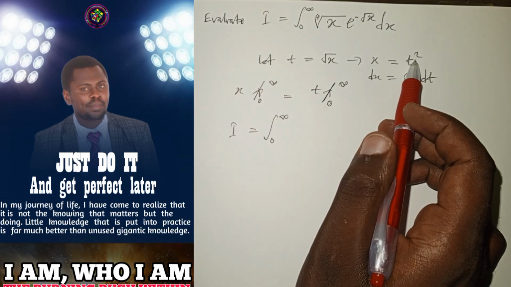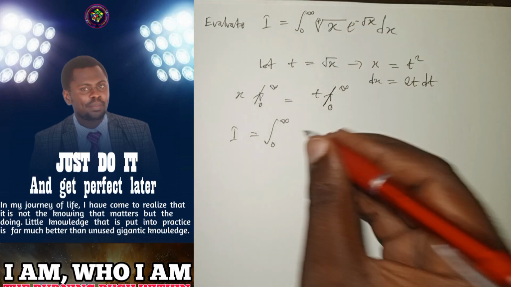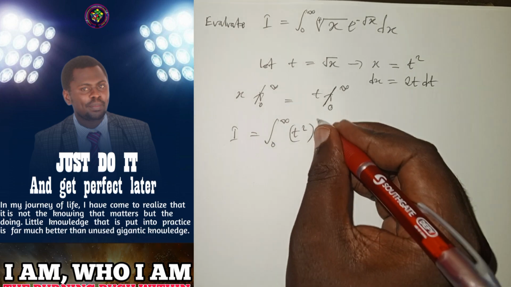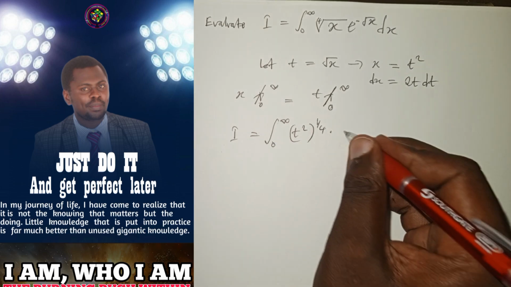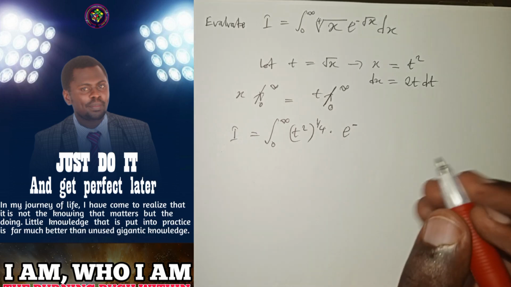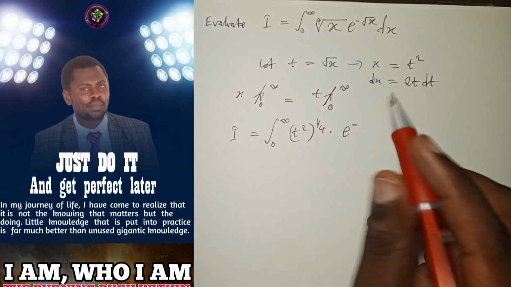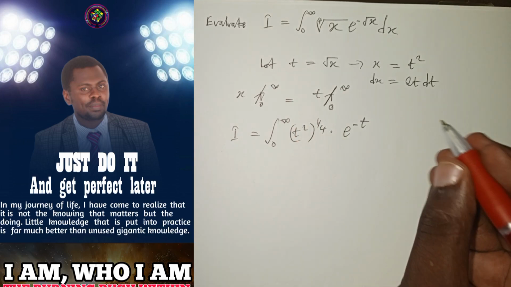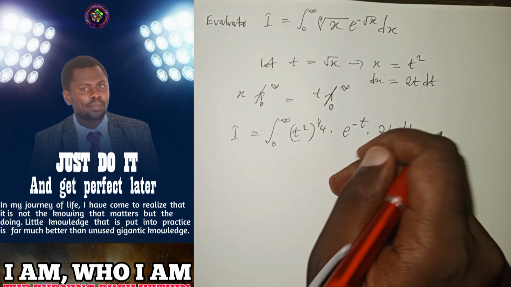So where there is x, we put t squared, then the fourth root, that is power 1 over 4. Then multiply by exponent minus the square root of x. Where the square root of x, we put a t, so minus t. Then where there is dx, we are putting 2t dt.